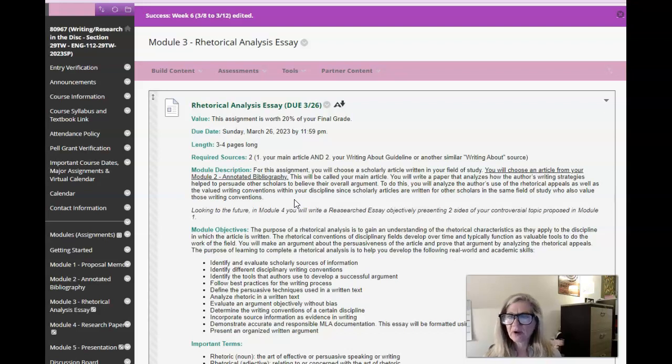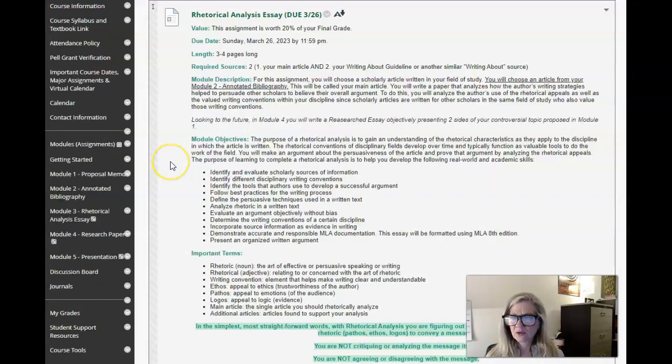This is a very similar essay, only you are using an essay, a journal article, to analyze instead of a picture. Your goal is the same objective. You want to identify how the author of this particular article that you select uses rhetorical language in order to persuade the reader of something. And that's part of what you're going to be looking at.